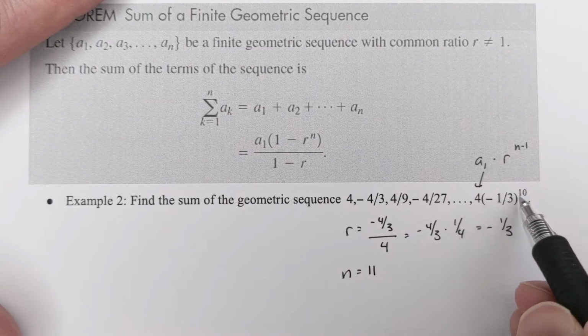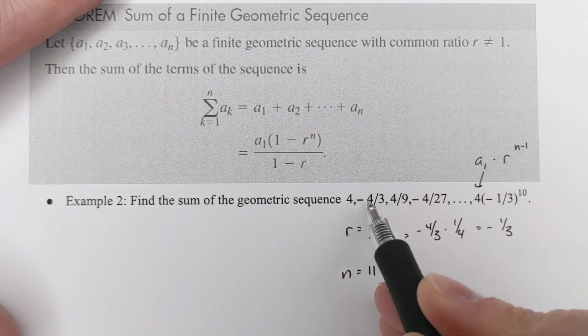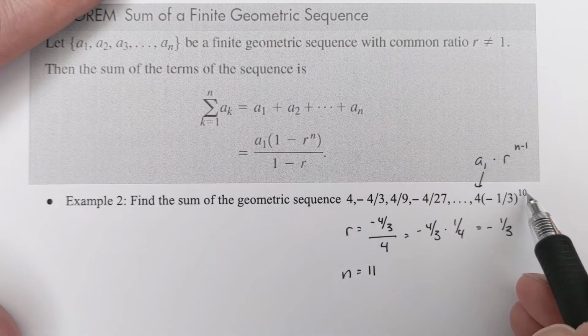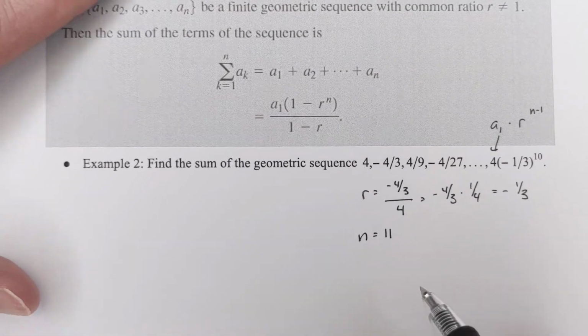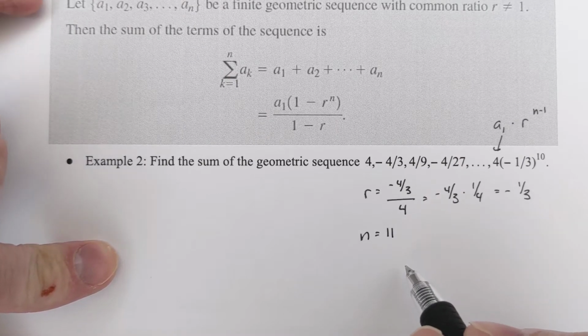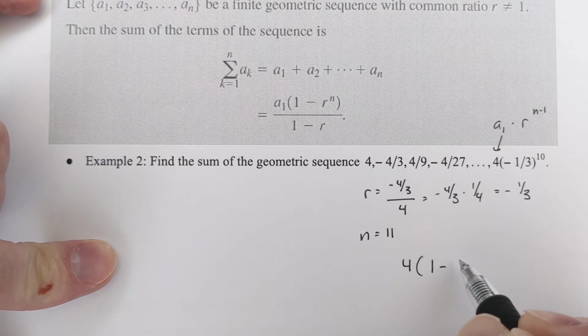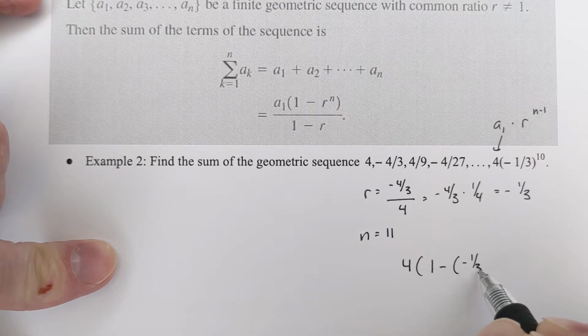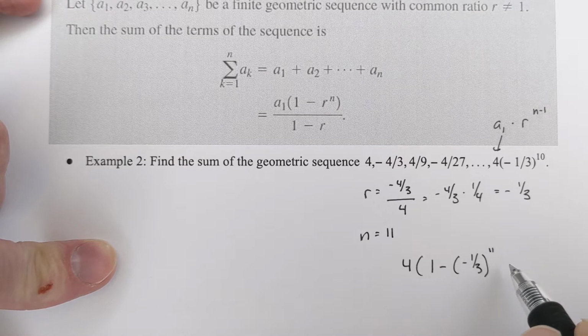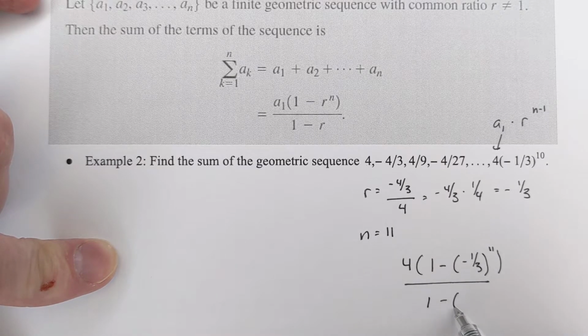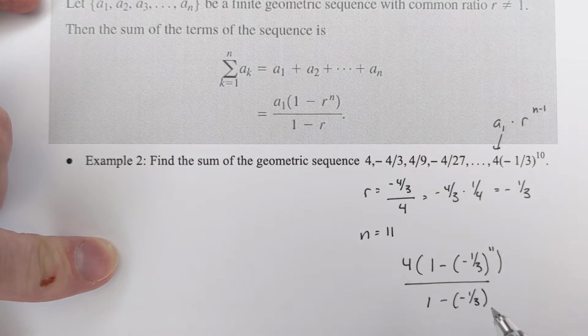You could, once again, work it out: that's to the 0th, 1st, 2nd, 3rd, which means if I start counting at 0, that's the 11th number in the list. So my formula is going to be a1, 4, times 1 minus r, so negative 1/3 to the 11th, all over 1 minus negative 1/3.